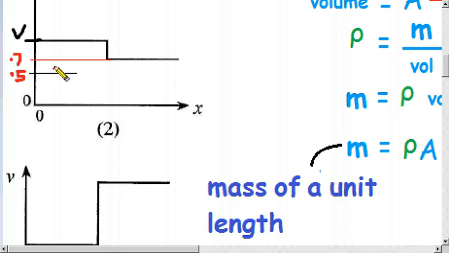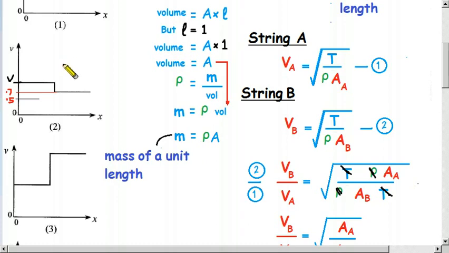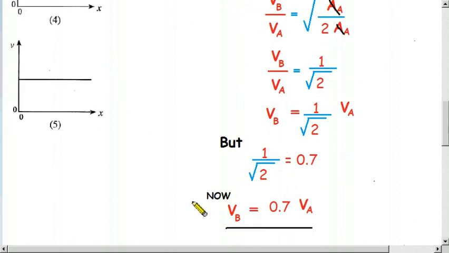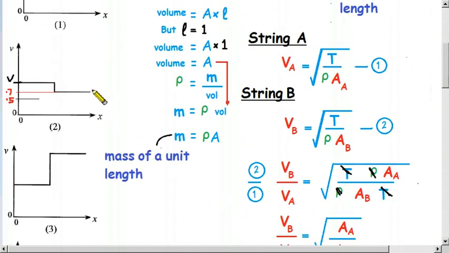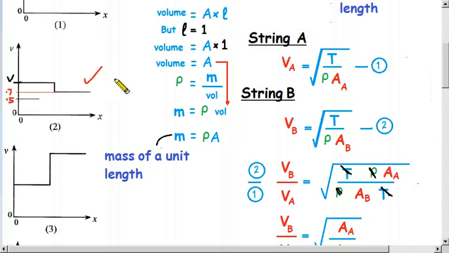So this graph is suitable. It goes with the results we have received here, 0.7 times VA. So therefore we can decide this one is correct. This graph is correct.